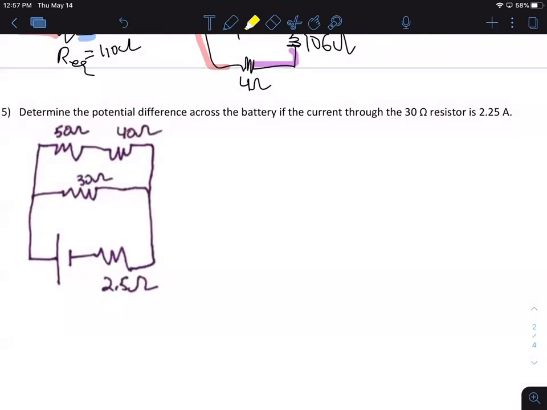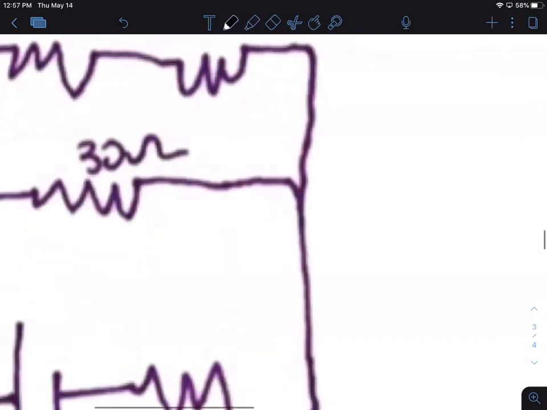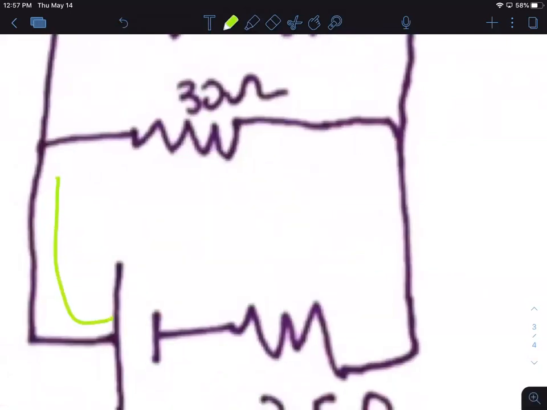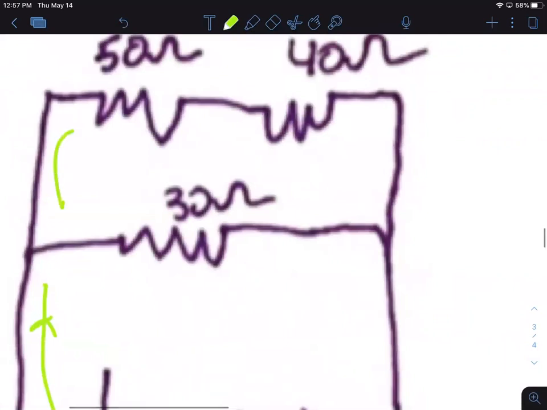Determine the potential difference if the current through the 30 ohm resistor is 2.25 amps. So we've got a current, it's going this way, it's splitting up. And this one is 2.25 amps.